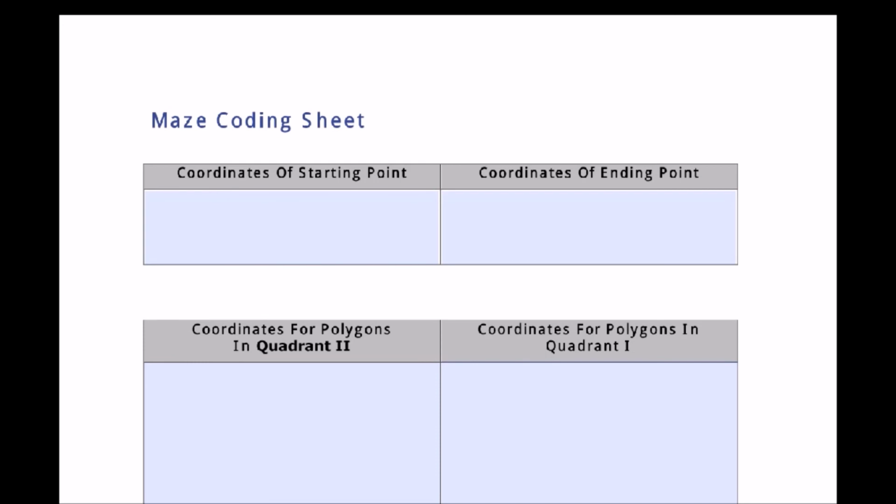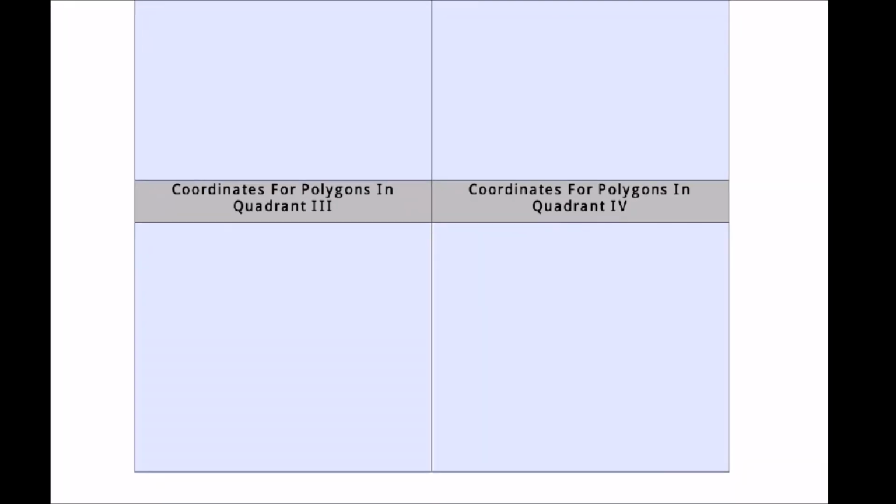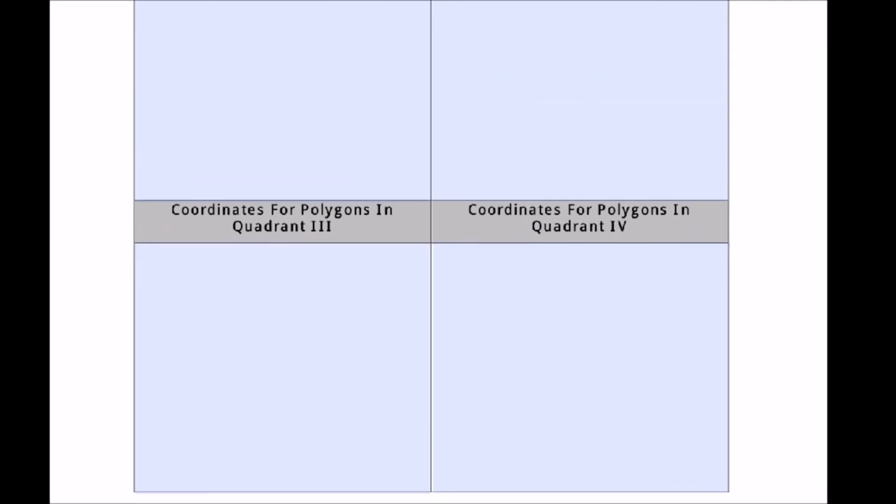Again, this third page is where you can record your stuff. You put the start and end point for your maze. You can list all your coordinates there or on your graph. Either one's fine with me. Just know that it may get a little messy. As long as I can see and make it out, it'll be fine. If it starts to get messy, then put it on here.